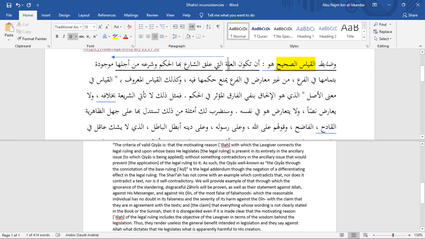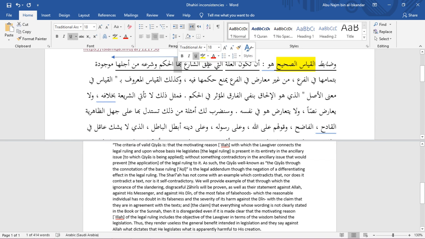So what this means is that the illa, or the motivating reason, and remember again how if we have a preposition that goes with the verb, which is the case with alaka biha, it's just separated by the subject of the verb.